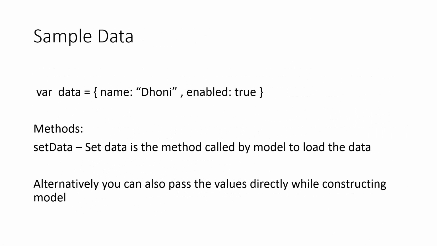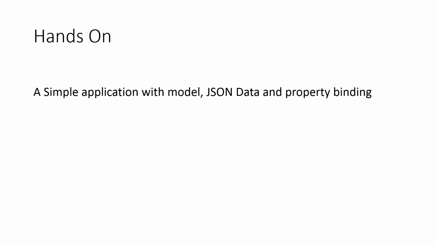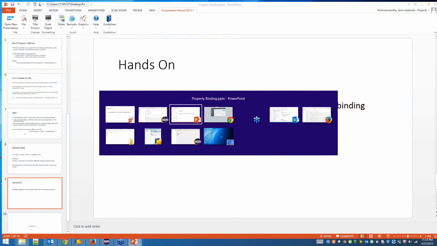To do that, I would be using a method called setData, and I would pass my object of values that I have created in JavaScript notation to be bound to the model. Alternatively, you can also pass your data directly at the time of constructing the model itself with a specific name. So now let's go to the system and do a simple example.